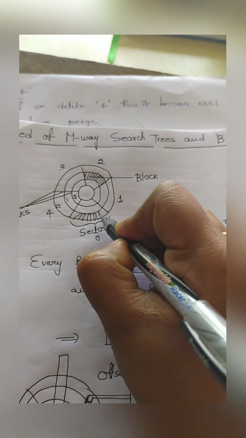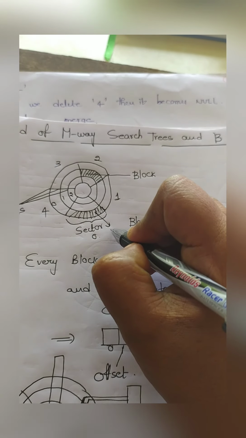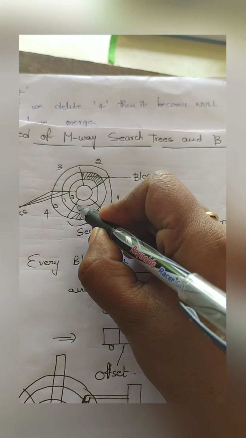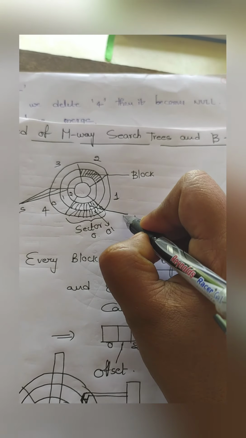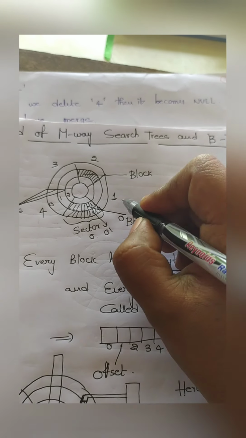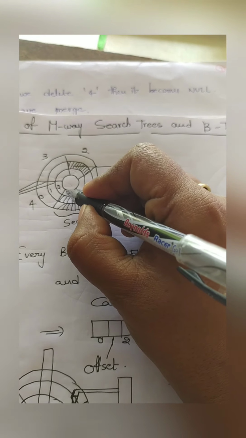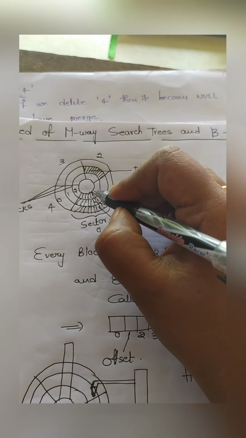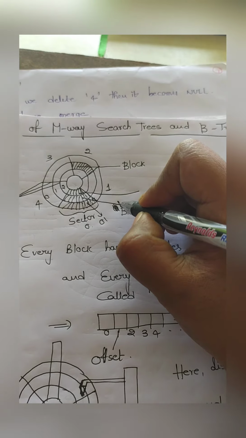This is another block, numbered as 0, 1, with sector number 0 and track number 1. This is another block, which will be named 1, 1, with sector number 0 and track number 2.